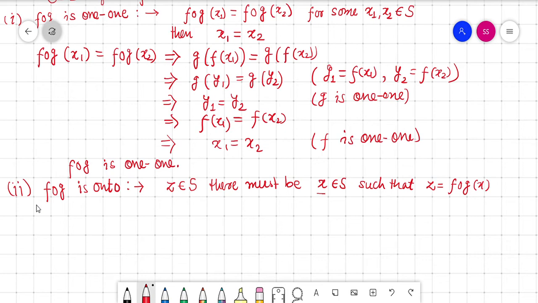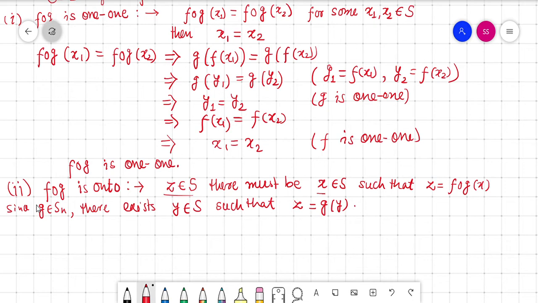So G is onto, and therefore for this Z belonging to S, since G belongs to Sn, that is G is onto, there exists an element Y in S such that the image of Y under G must be equal to Z.